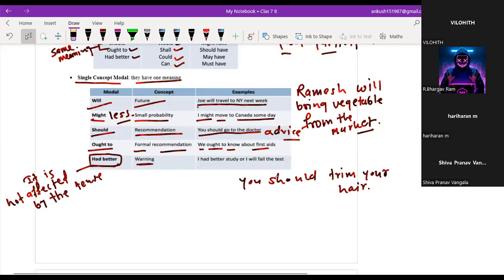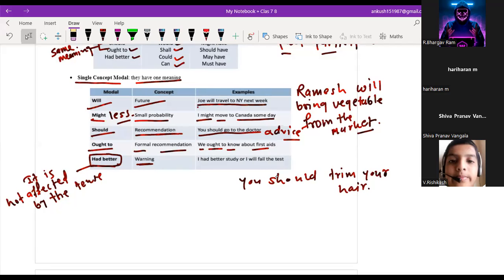Suppose you are in school, I'm telling you the situation. There is a situation in the class that two students are fighting and they belong to different groups. Now you intervene and you tell the other party, you had better leave from here.